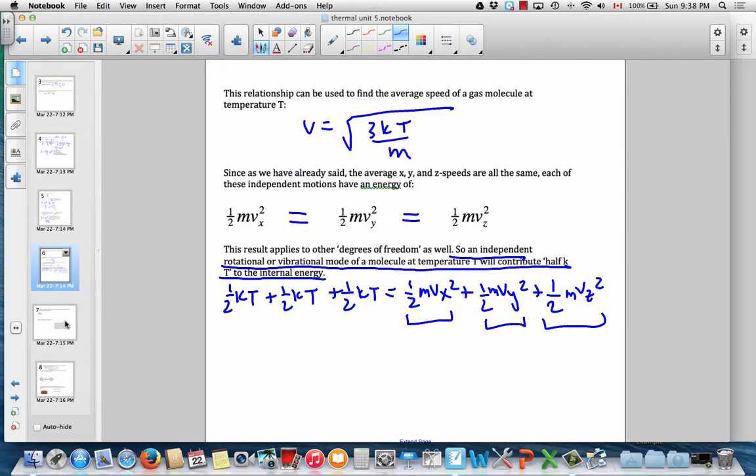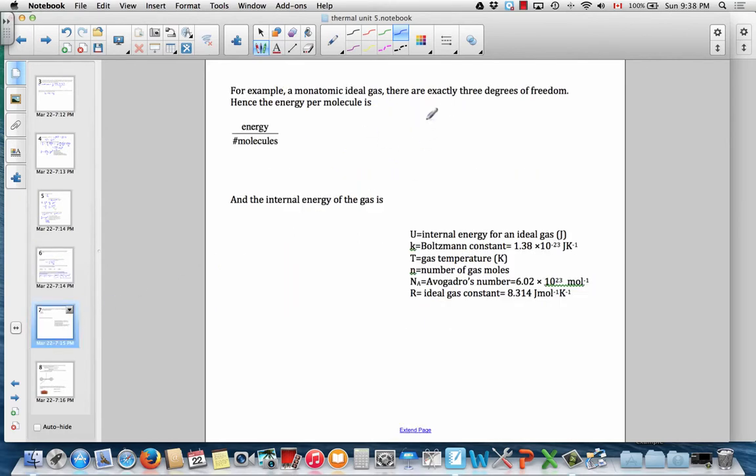Now, if we deal with a monatomic ideal gas, then that molecule just has 3 things it can do. It can be moving in the x, the y, or the z direction. Therefore, the energy per molecule, which is the same as the total energy divided by the total number of molecules, is just 1/2 kT for each of those degrees of freedom times the 3 degrees of freedom.